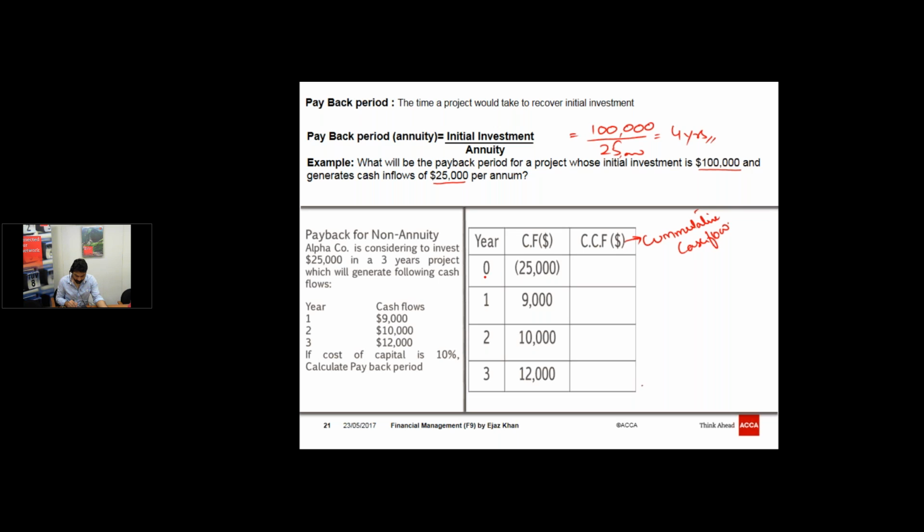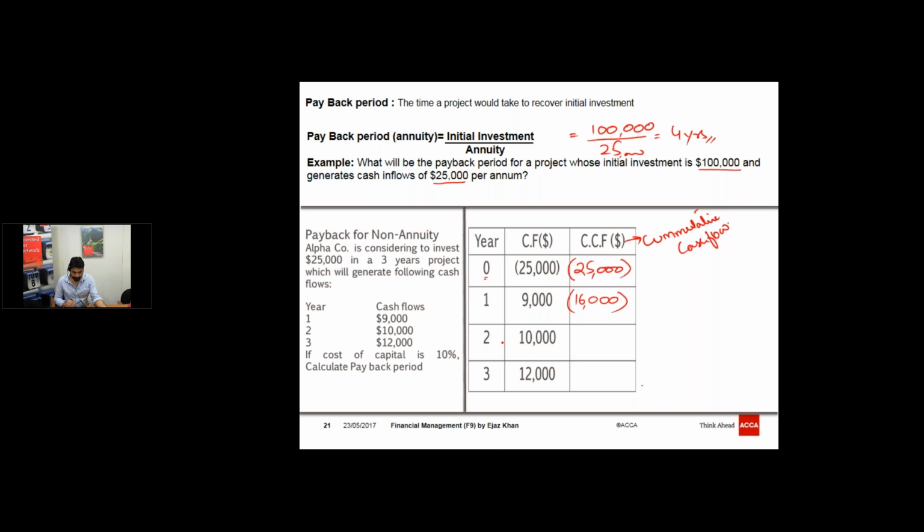At 0 point, we have invested $25,000, so we will have a $25,000 investment stuck in the project. After the end of the first year, we will receive $9,000. Out of $25,000, we will receive $9,000, so we will be left with $16,000 investment.